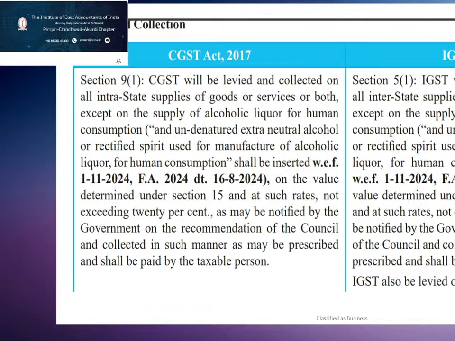There are 2 things in the services under entry number 13: one is religious ceremony and the other one is renting of premises. We'll see the renting in depth, but first we'll complete illustration number 3. Why we want to remember all such services, we will first understand from that illustration.